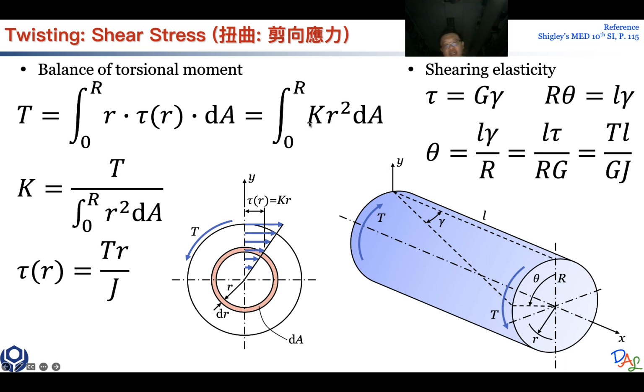K is not related to A, so it's a constant. It can be taken out of the integral. That's why we end up with an equation like this. K equals your torque over this integral, and this integral is called the polar area moment of inertia. It's J. And what is J?